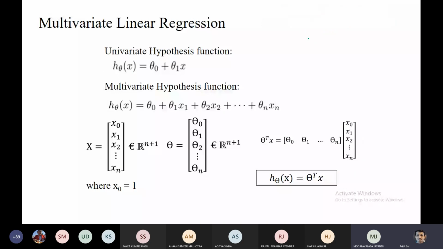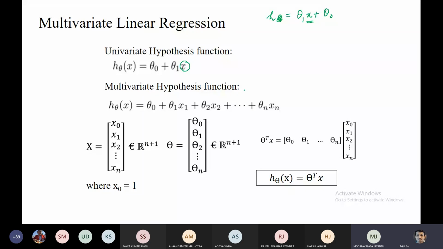So what are our assumptions till now? So far we have discussed that our h theta is theta 0 plus theta 1 x. So x is univariate, this is the univariate hypothesis function.